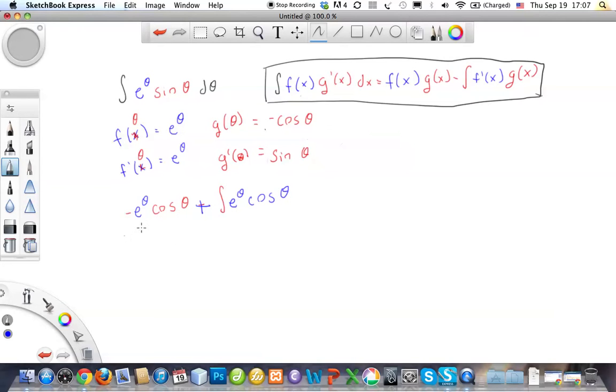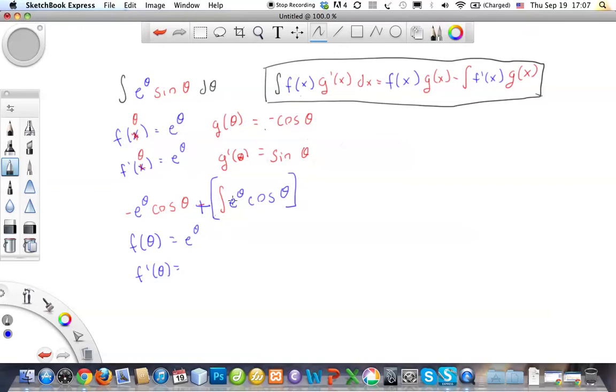Alright, and then, since we need to integrate this again, we go down to start assigning f of theta and f prime of theta again. So f of theta is going to be equal to e theta.